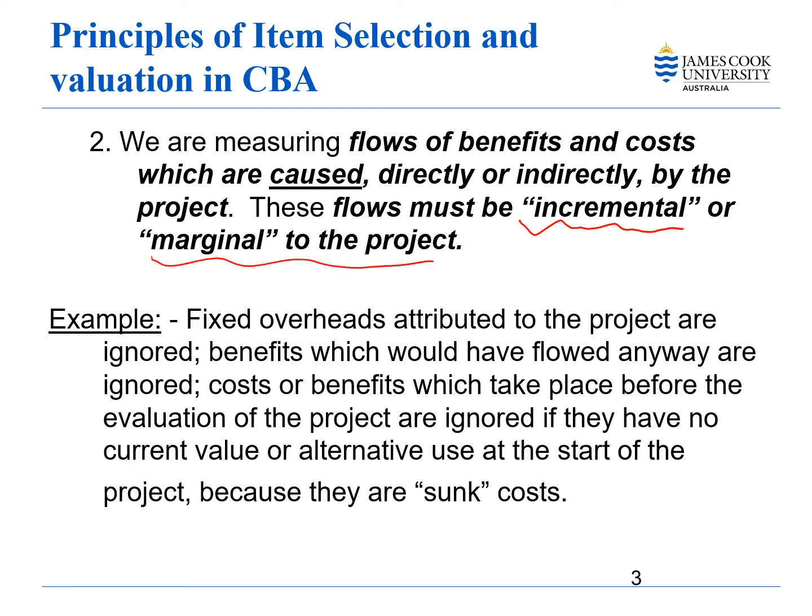For example, you can ignore fixed overheads if they are not incremental to the project. And benefits which would have flowed anyway are ignored. Again, they are not incremental to the project. They will occur even without the project.